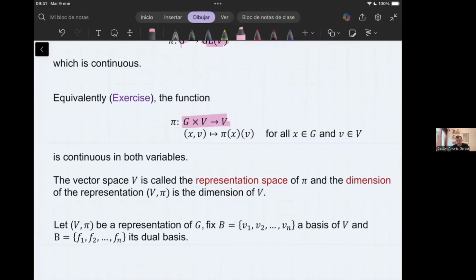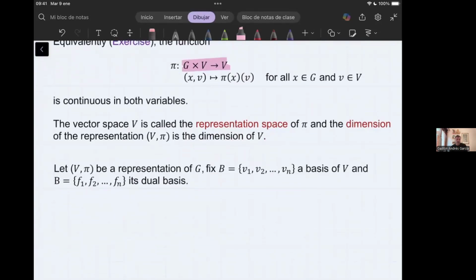So to see that something is continuous, again, we fix, for example, a basis, and we look at each coordinate. If the map given in each coordinate is continuous on the entries, then it is continuous, okay? So it's not so difficult to see every time we have an example if something is continuous or not, in general. If not, sometimes it may be hard.